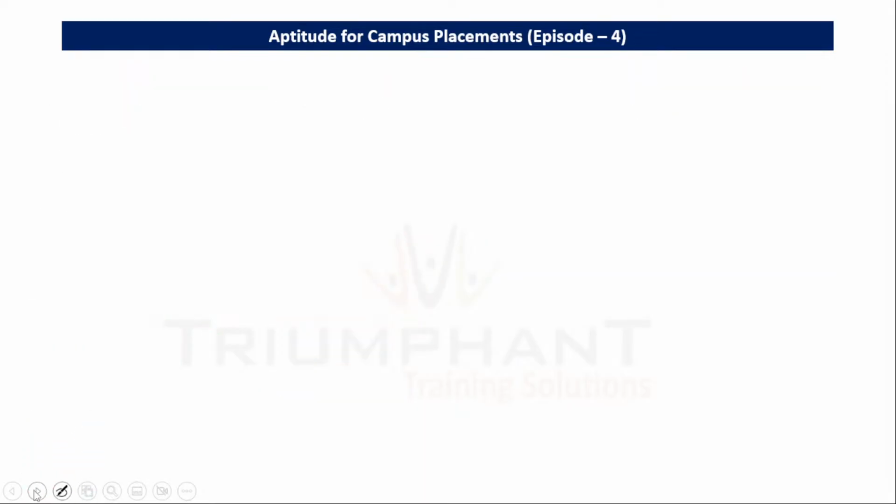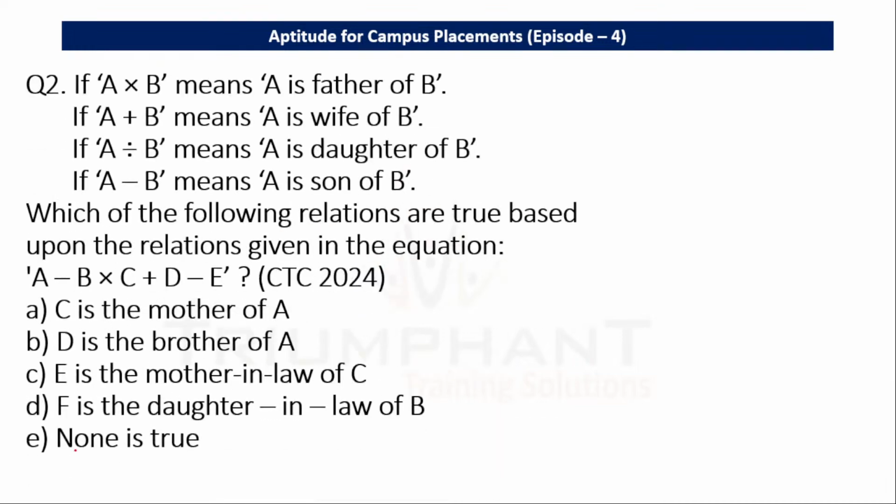And here is the next question in today's discussion, question number 2. And this was asked in Cognizant Technology Solutions, CTS, in the year 2024. CTS, not CTC. It was asked in 2024, and this question is from blood relations.